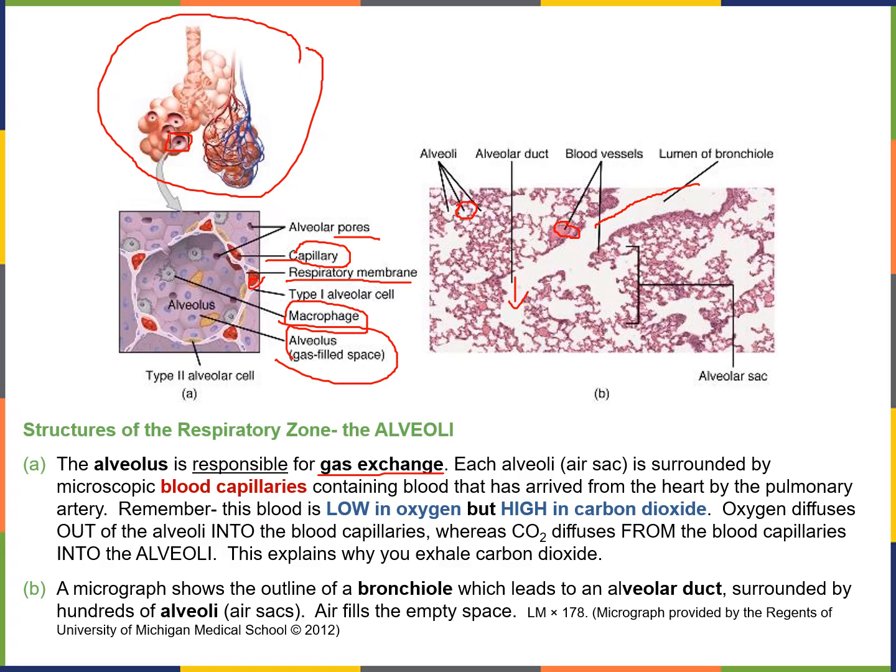Each alveolus, each alveolar air sac, is surrounded by microscopic blood capillaries containing blood that has arrived from the heart by the pulmonary artery. Remember, this blood is low in oxygen but high in carbon dioxide. So this gas exchange that is occurring here in the lungs is what we call external respiration.